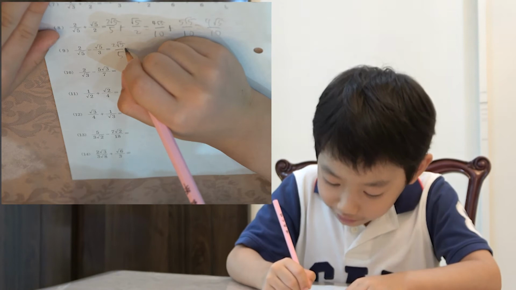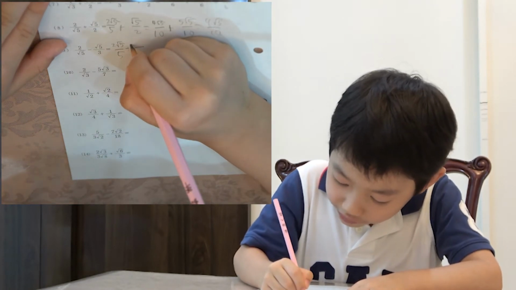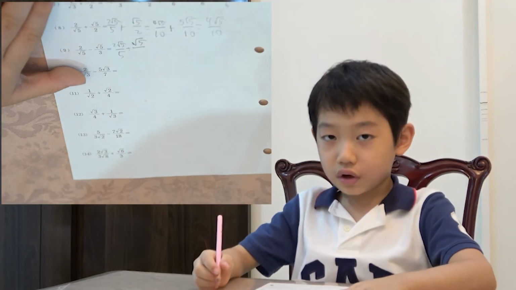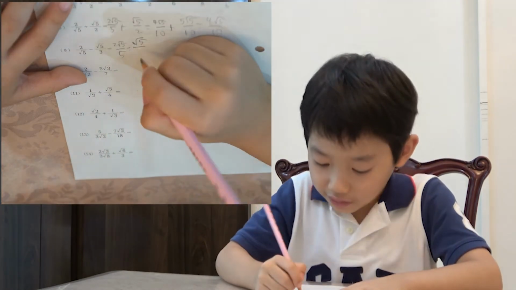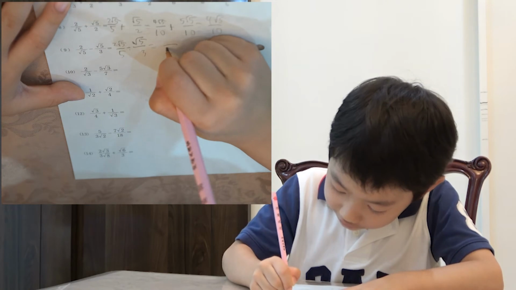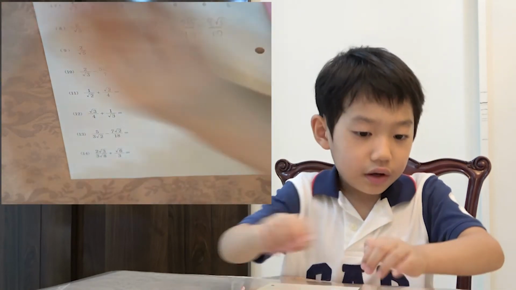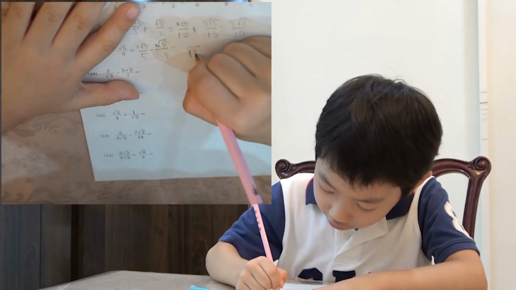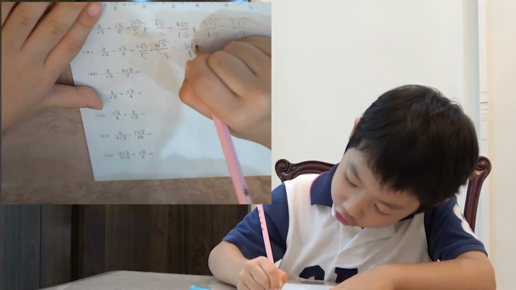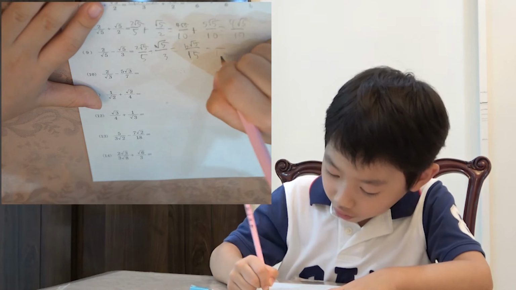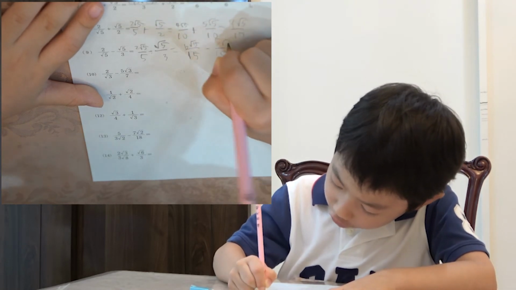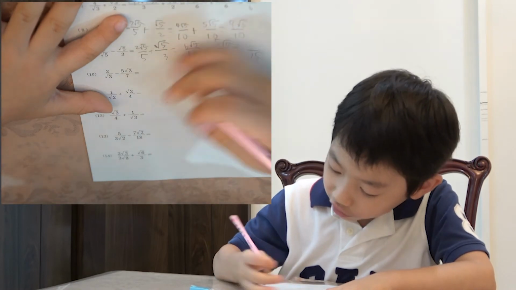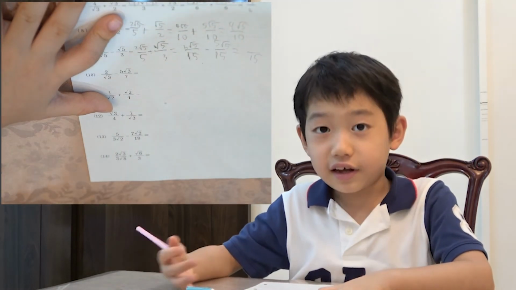Okay? And then minus square root of 5 over 3. Oh, I got something wrong. I'll just erase it. I'll just show you the harder one, and then you can challenge yourself with the hard ones.